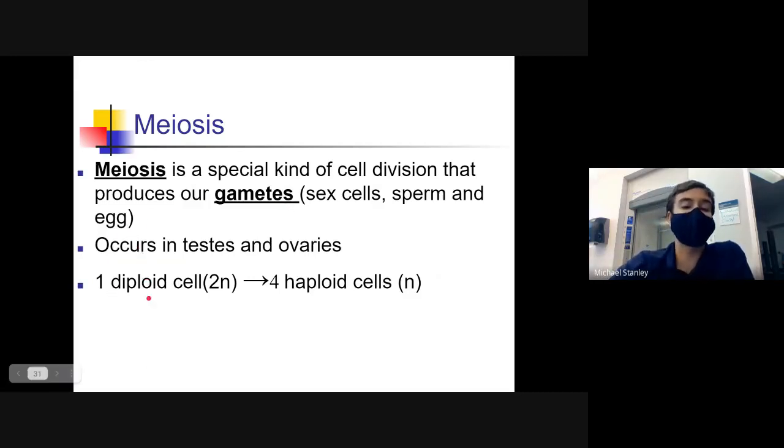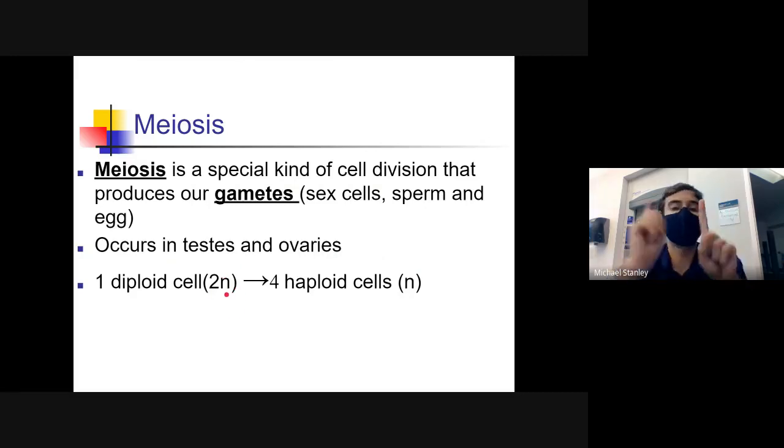So meiosis is also different because we don't make two cells, we make four. So we start off with an original parent diploid cell, similar to mitosis. But at the end of everything, we have four haploid cells. So that is the 2N. You'll see the N's used a lot. 2N just refers to being diploid, having two sets of every chromosome.